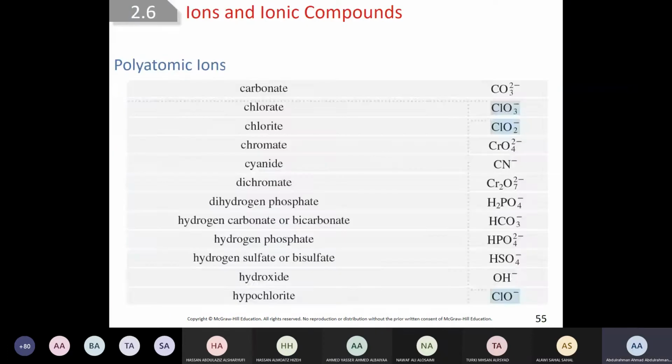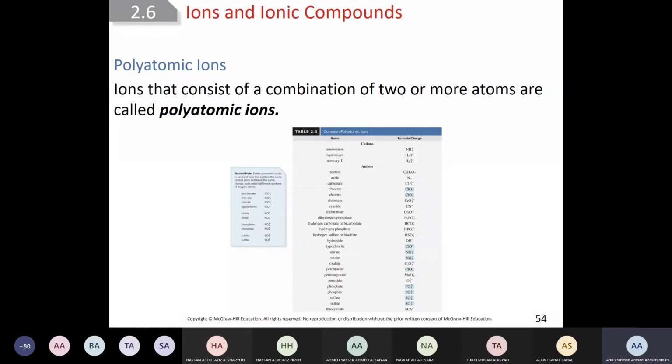Good. Then let's go to something else. Before I do anything, look at this table very well. This table that you're looking at here, I already put in your blackboard. Did you see it? And this is called polyatomic ions.